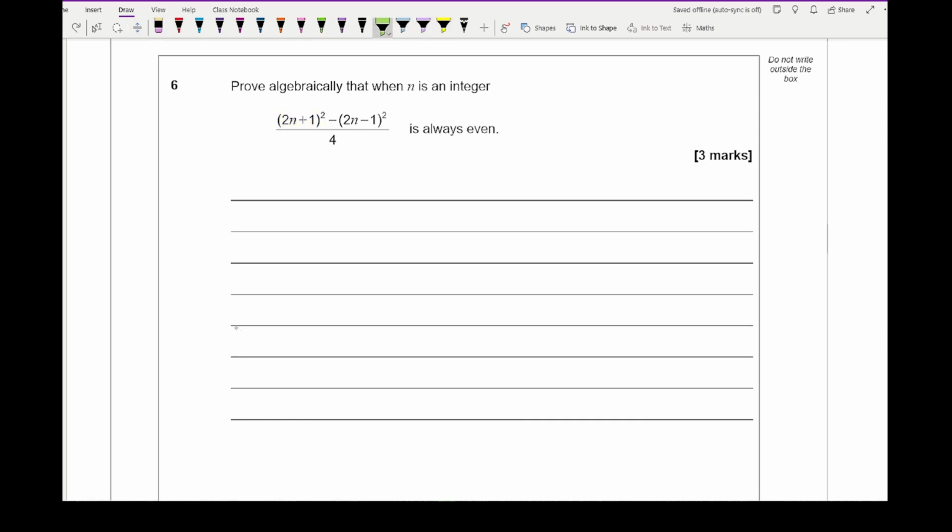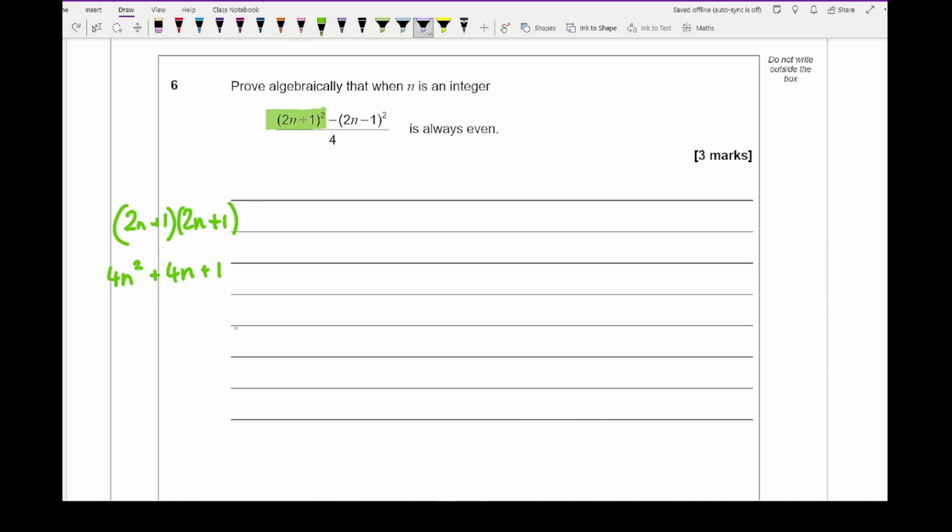Let's do this in green, that bit there. So I've got 2n plus 1, 2n plus 1, and if I expand that out correctly, I should end up with 4n squared plus 4n plus 1.